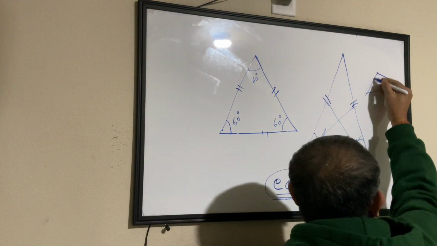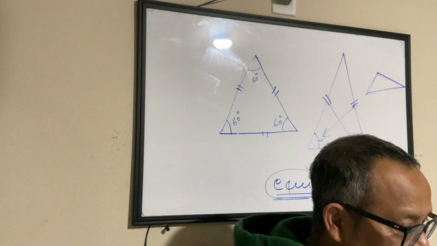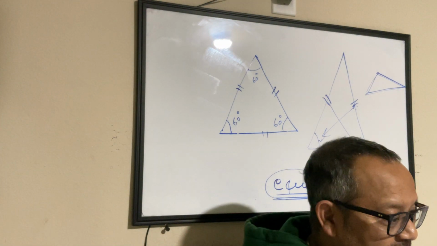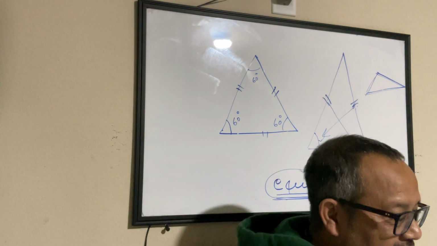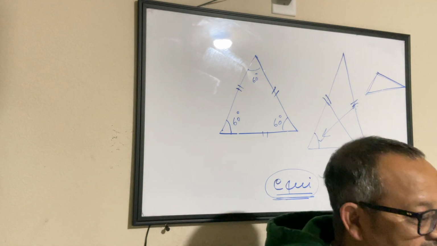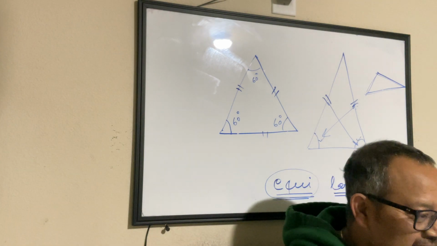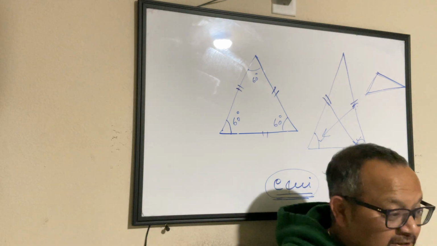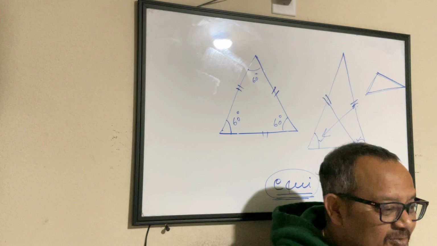Now, scalene triangle was something where all the three sides are different, meaning nobody is friend with anybody. Nobody likes each other. It's like three friends talking to each other. One says, I'm taller than you. Another says, I'm taller than both of you. Third says, no, I don't care, you guys are not like me, I'm taller than both of you.